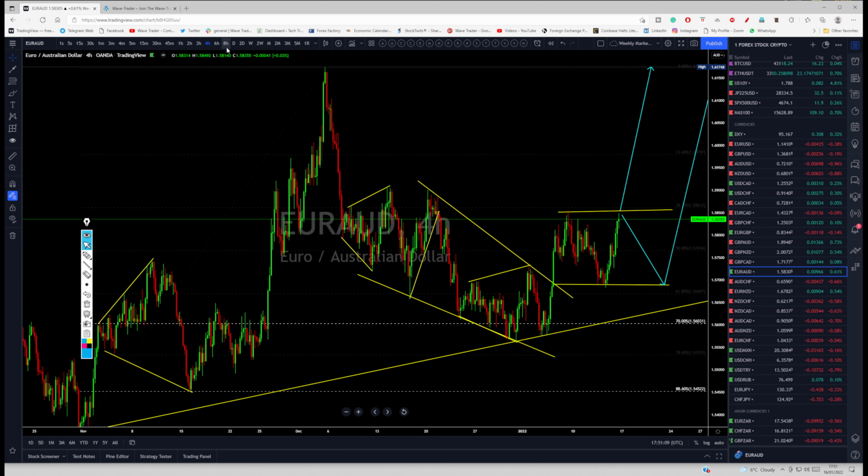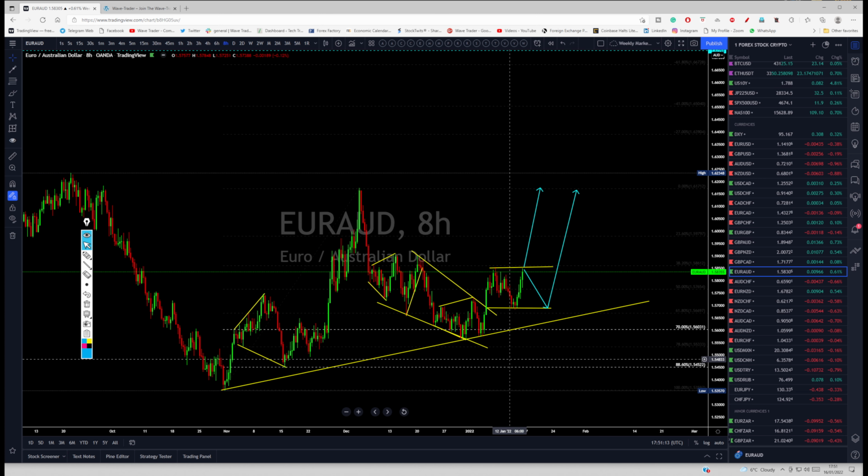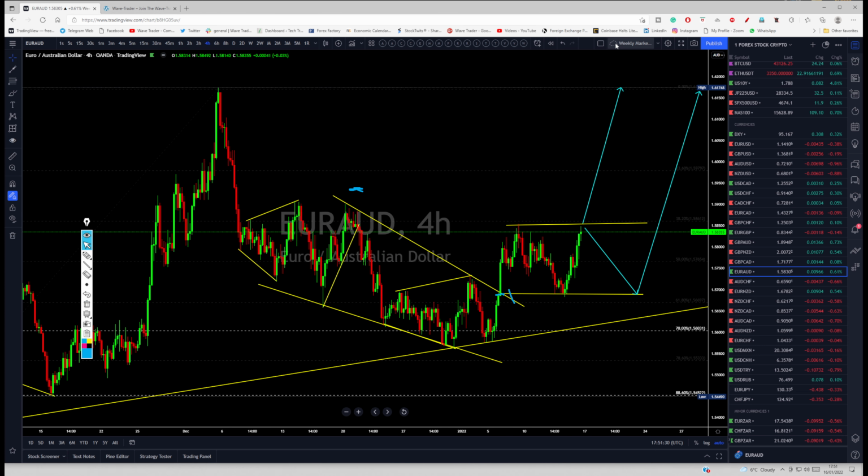So last week we were expecting Euro Australian dollar to form an expanding triangle and then continue. That happened. Price slightly went lower. This is going to be the target on the euro, this is the move you are looking for. On the lower 4-hour time frame, a very similar formation to pound Australian dollar.